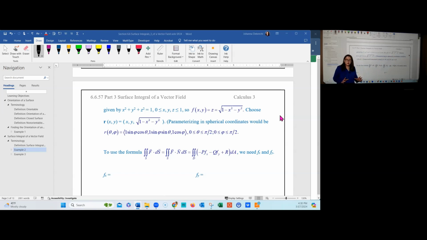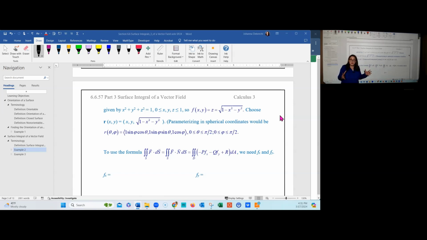I could also have parameterized in the spherical coordinate system. In this case, we know that the radius of the sphere is 1. So I would set rho to be 1, and I would have sine phi cosine theta for my X coordinate, sine phi sine theta for my second component, and cosine phi for my Z component.